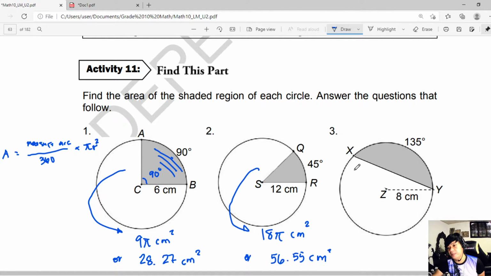How about number 3? As you can see, this one applies for the segment of the circle.